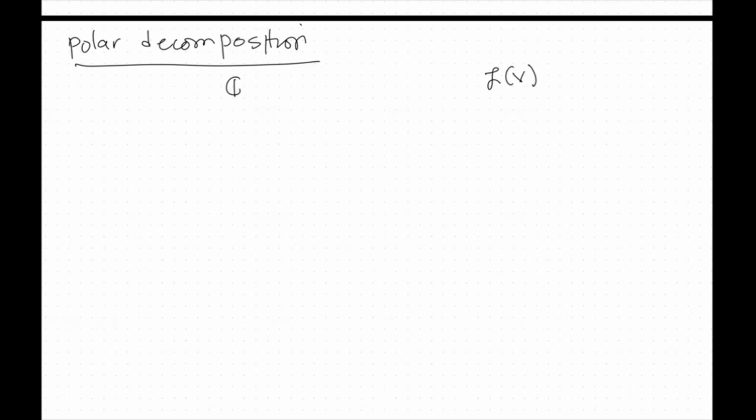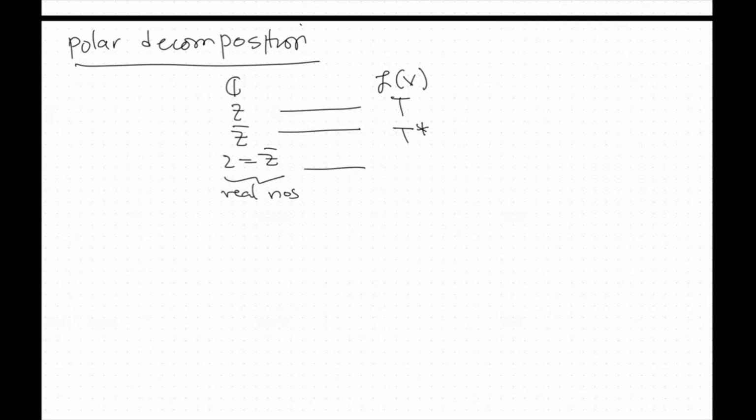In this analogy, Z is a complex number, and corresponding to this we have the operator T. If we have the conjugate of our complex number, then we have the adjoint of our T. And then the real numbers, those where Z is equal to Z bar, correspond to self-adjoint operators T, so that T here is just equal to its adjoint.